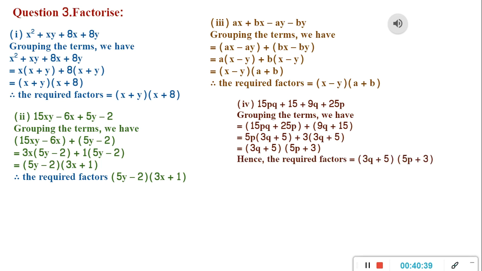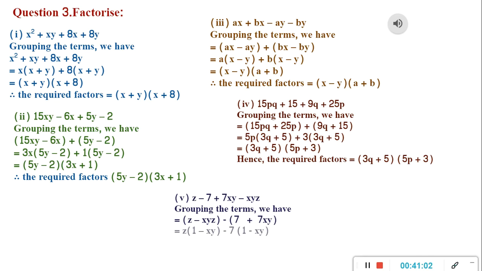Clear? Now next, question number 5: z minus 7 plus 7xy minus xyz. Here by regrouping, we take z and minus xyz together, and minus 7 plus 7xy together. From the first group, z can be taken as common. Now what is left out? 1 minus xy. Here we take minus 7 as common.